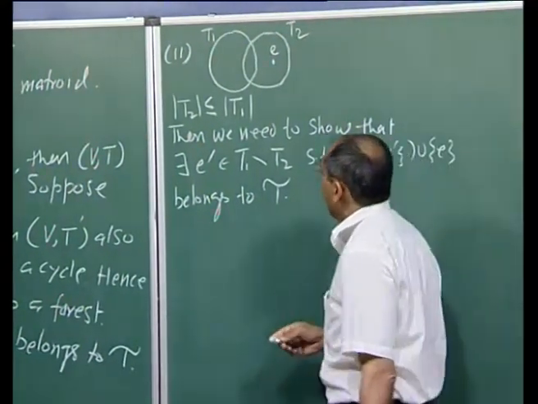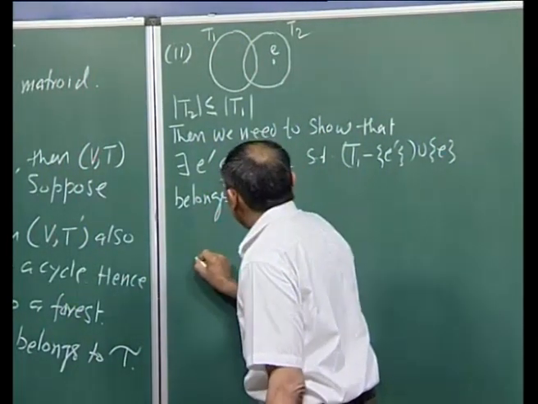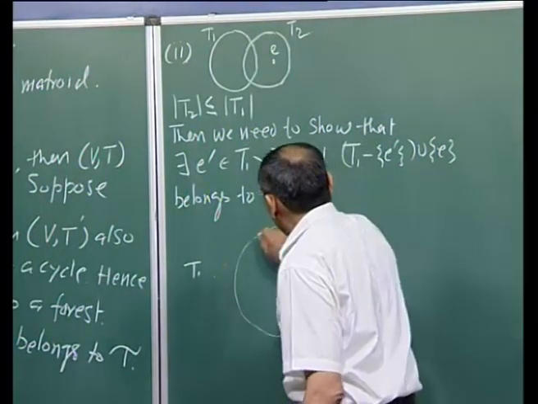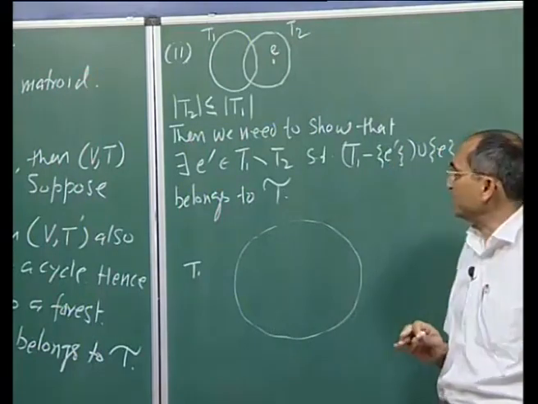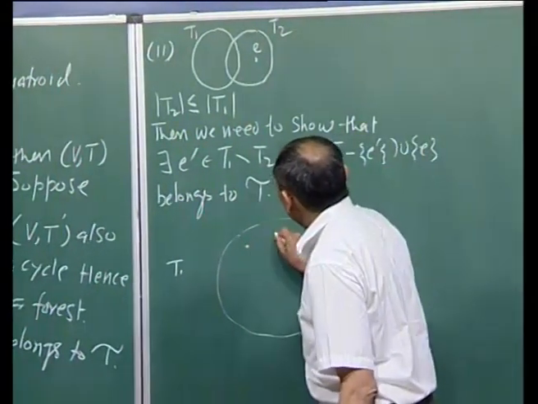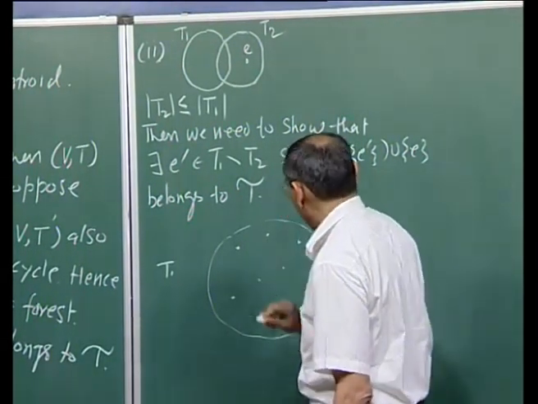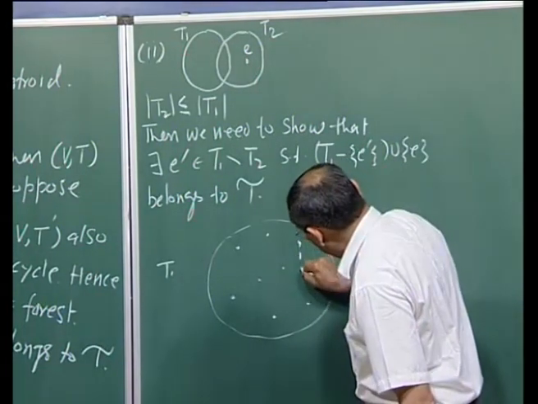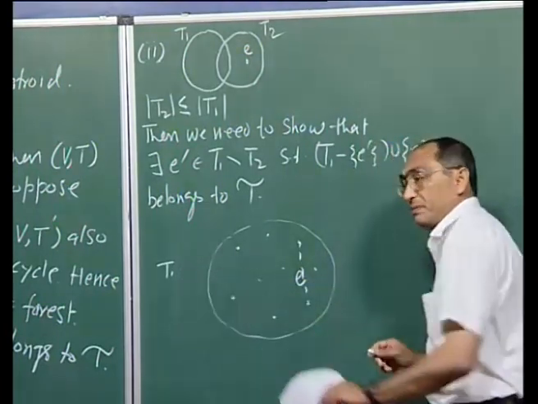So let us say this forest T1 is symbolically this structure, and of course, there are vertices of V in this, and this is edge E which is not present in T1.